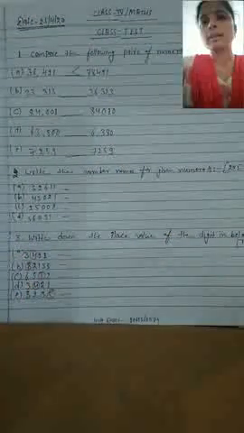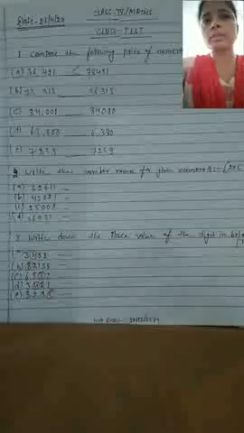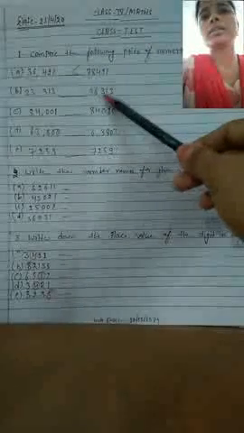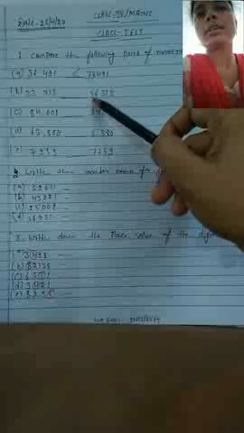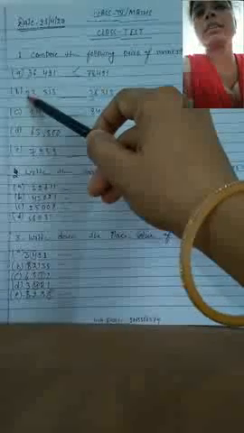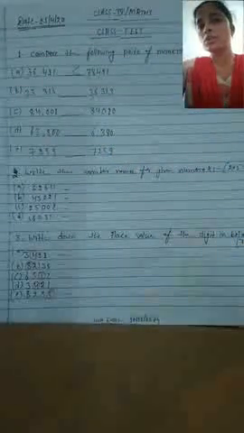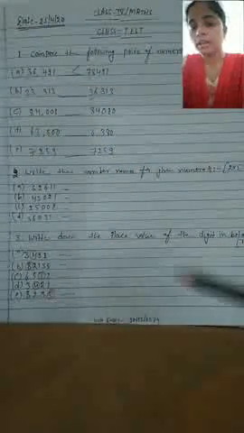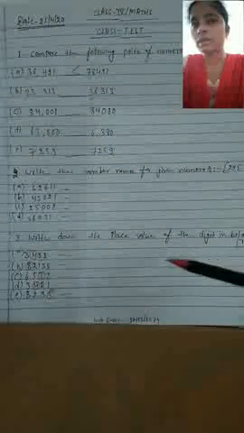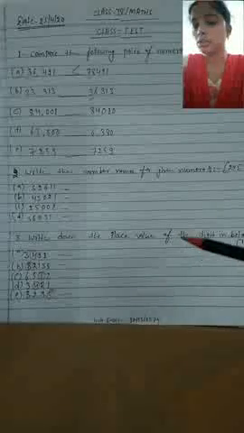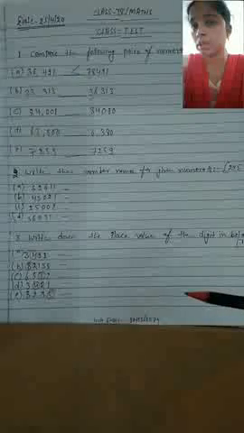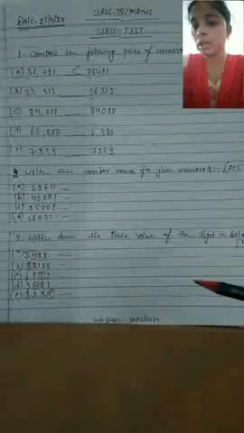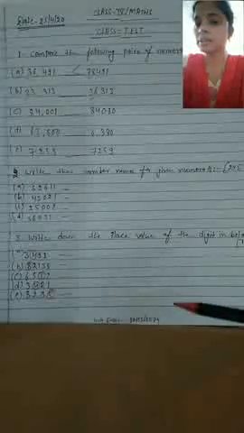Is it clear? Again we will move to the next one. Again in the 10,000 place, 3 is there, and in the other number in the 10,000 place there is also 3. So in the place of 10,000, the numbers are equal. If the numbers are equal, then we will move to the next place, that is the 1,000 place.